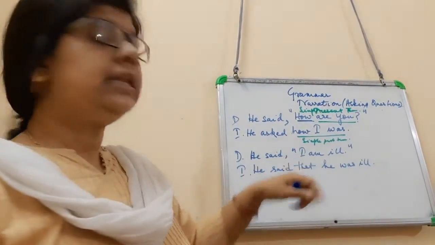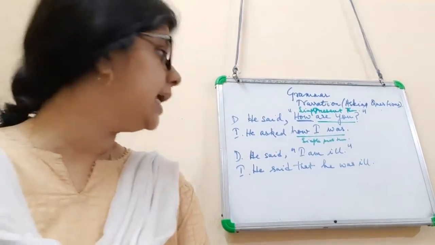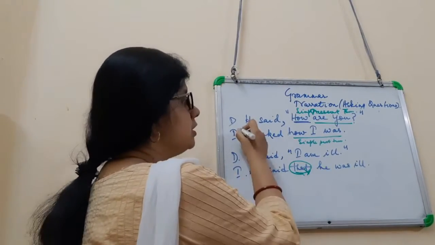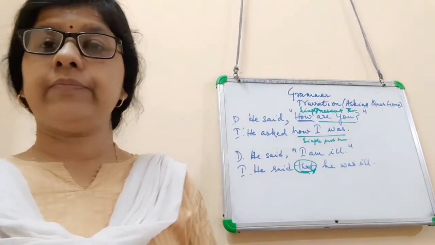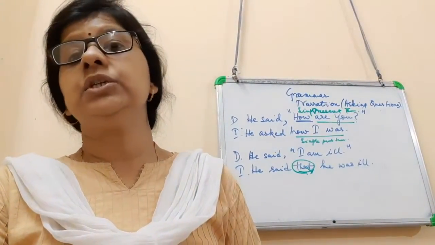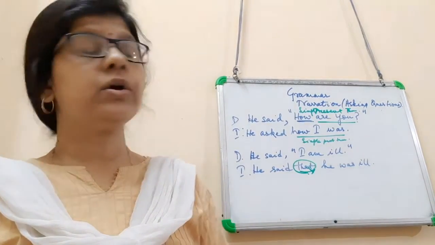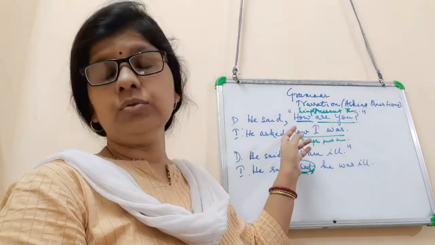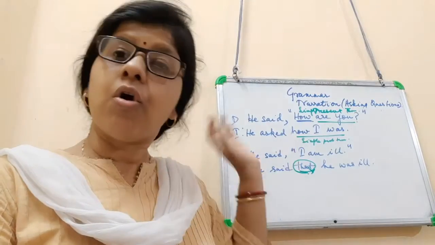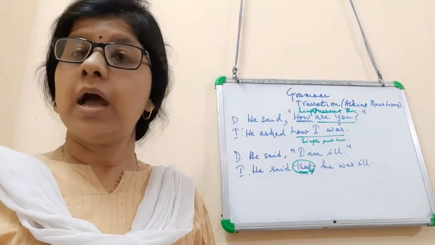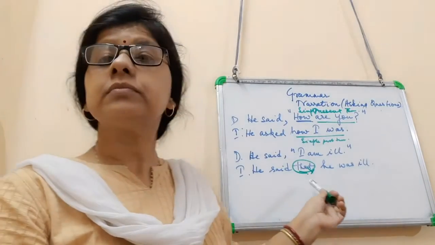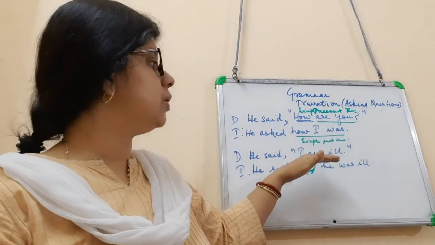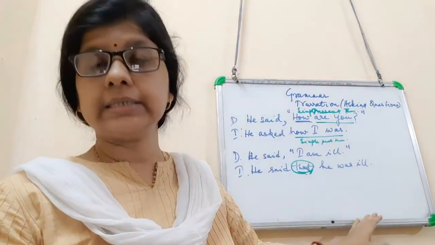So in statements we are using this that, but for questions we don't use the conjunction that. We can use the verb as asked or inquired. Understood? So this is the way that we change from direct to indirect.